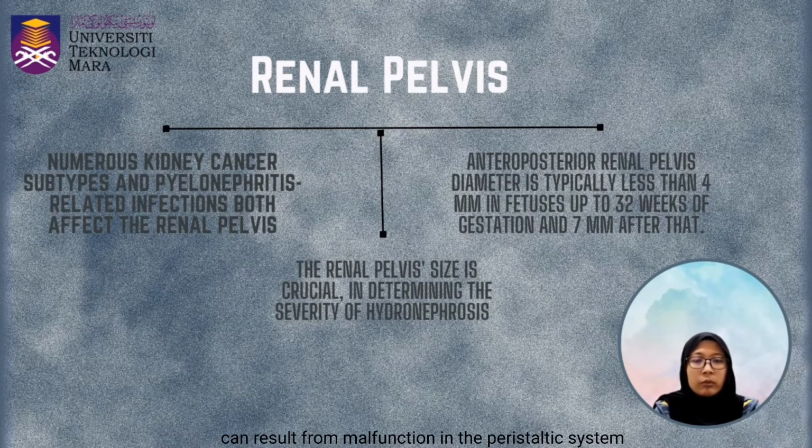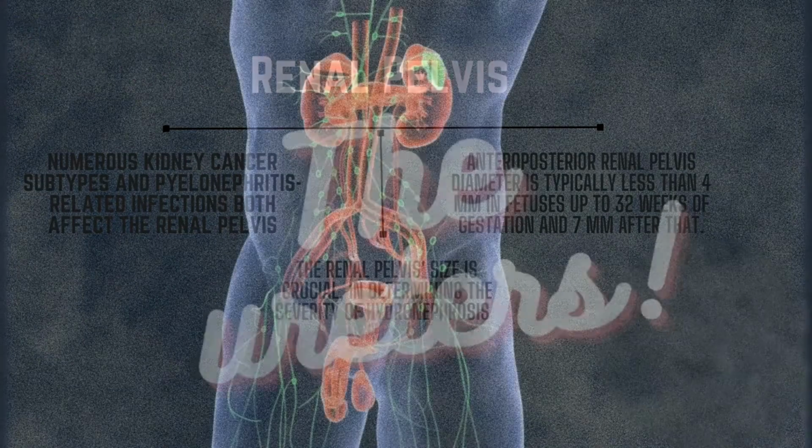It can result from malfunction in the peristaltic system that transports urine from the kidney to the bladder. Anteroposterior renal pelvis diameter is typically less than 4 mm in fetuses up to 32 weeks of gestation and 7 mm after that.